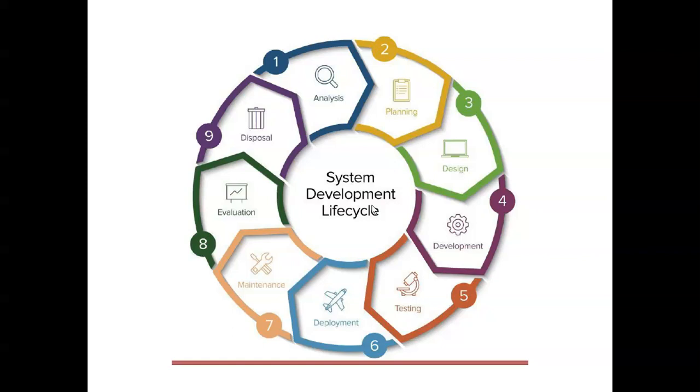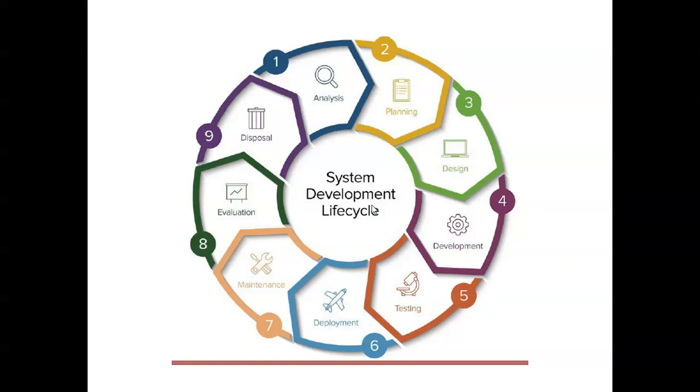In the third phase, design, some different flowcharts and algorithms are required to design the system. Development, there is a coding and implementation phase that will be done in the development phase. Testing, after development the model will be tested.